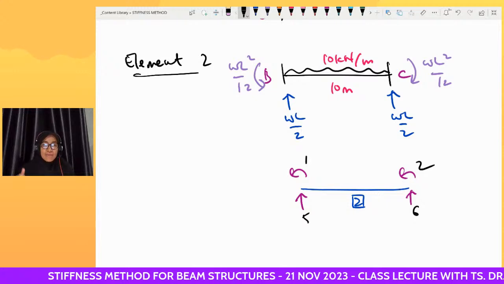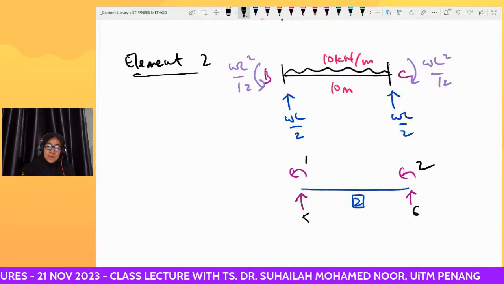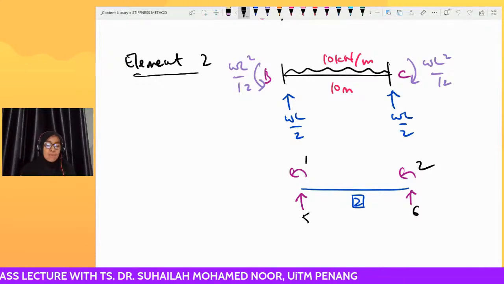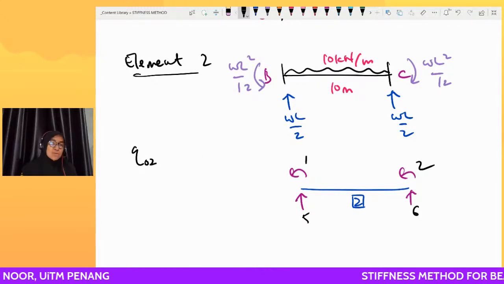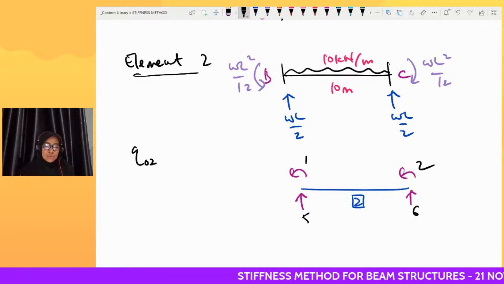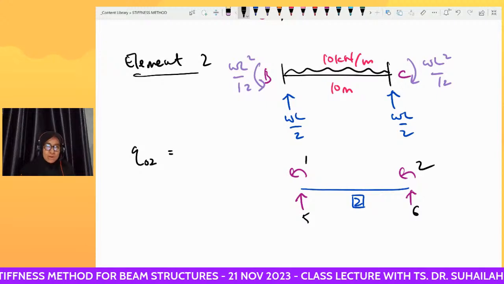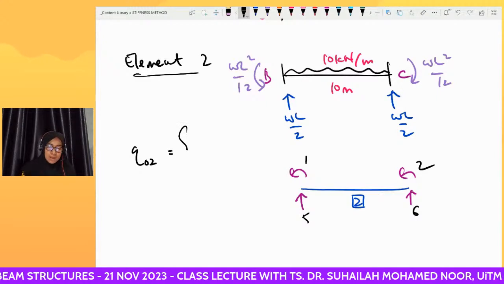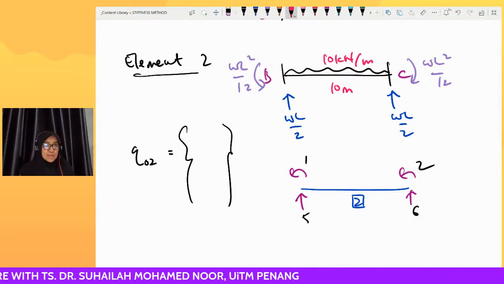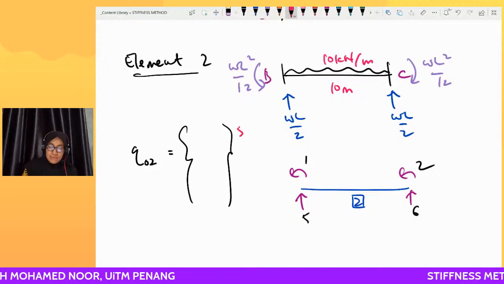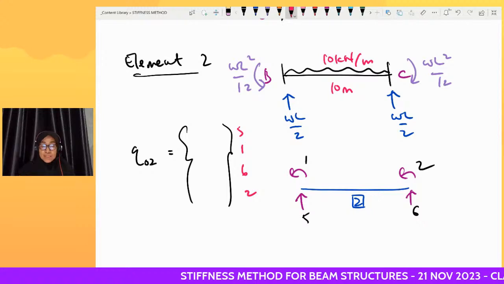So for Q naught for element 2, there will be four values based on four positions, and the label should be 5162: near Y, Z, far Y, Z.